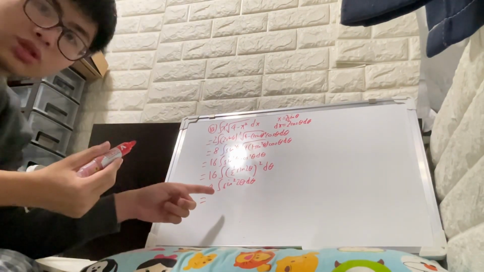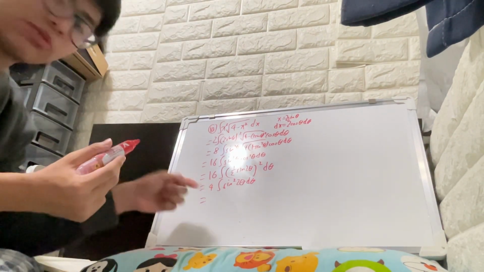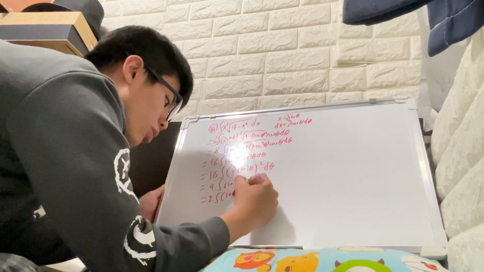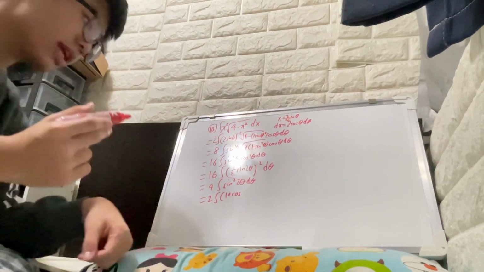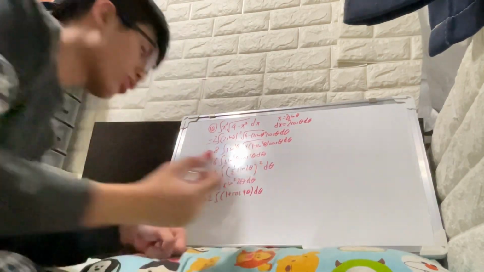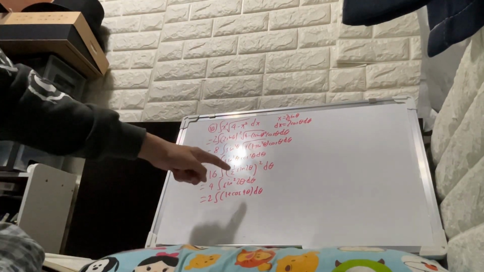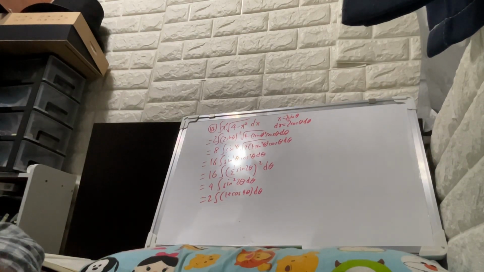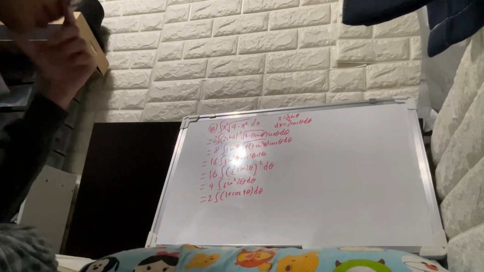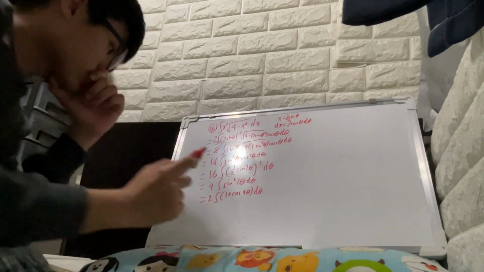To do that, you divide by 2 here, so it becomes 2 times the integral of 1 plus cosine of 2 times 2 theta, which is cosine 4 theta, d theta, according to our double angle formula in terms of cosine, right?